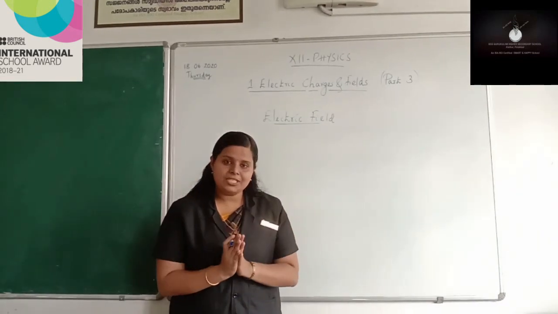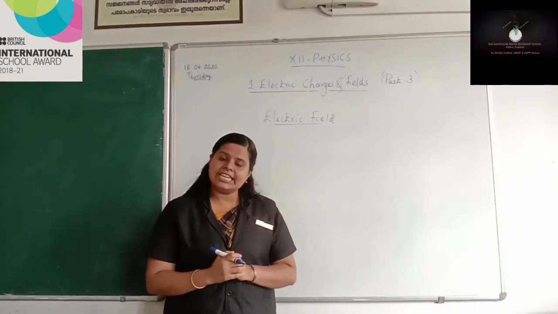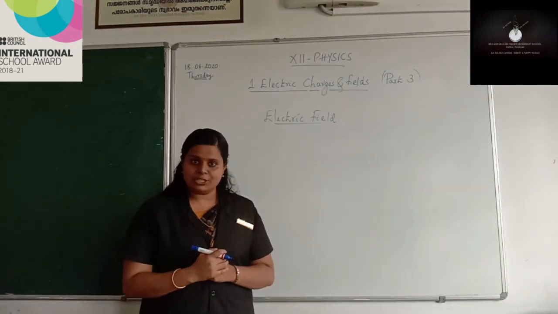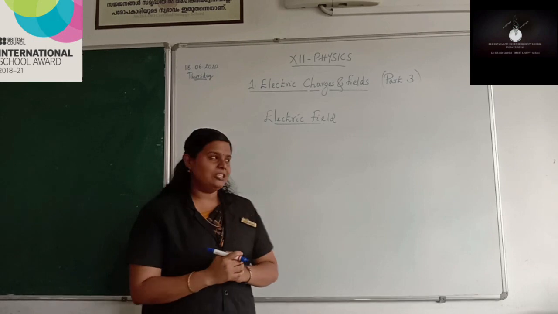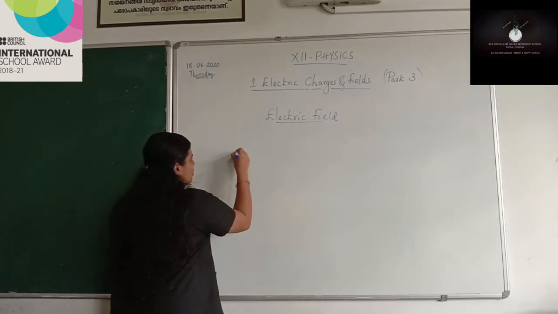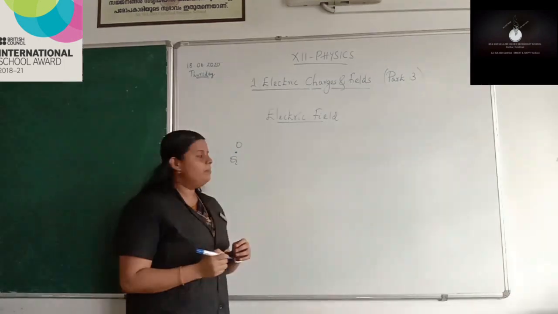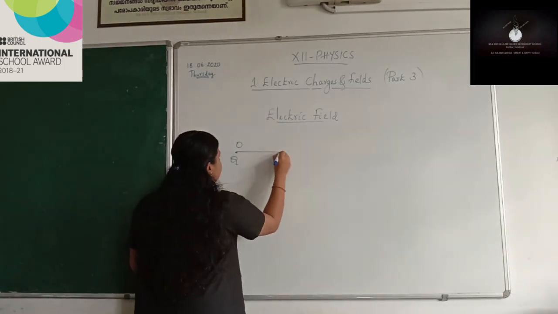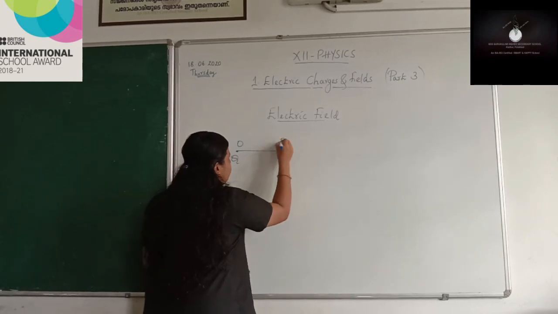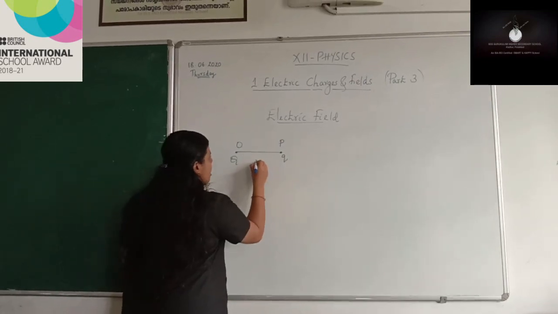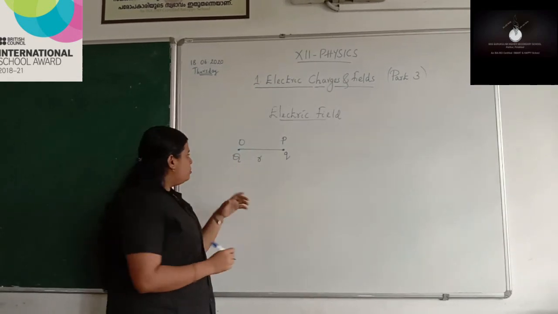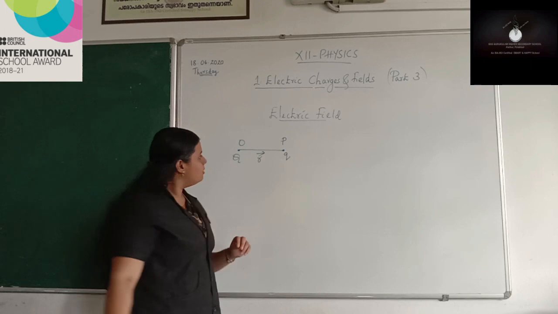Actually, this concept is introduced to explain the interaction between charges. So before defining what is an electric field, let's consider a point charge capital Q, which is placed at a point O in vacuum, and there is another charge small q at a point P at a distance R from the point charge Q. Okay, so here R is a vector.